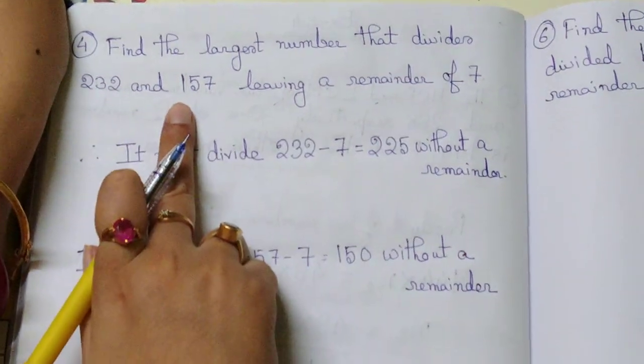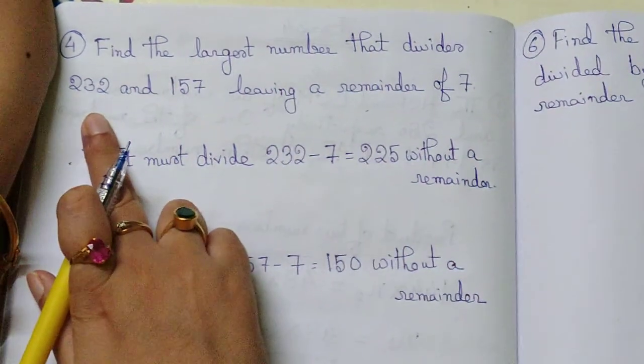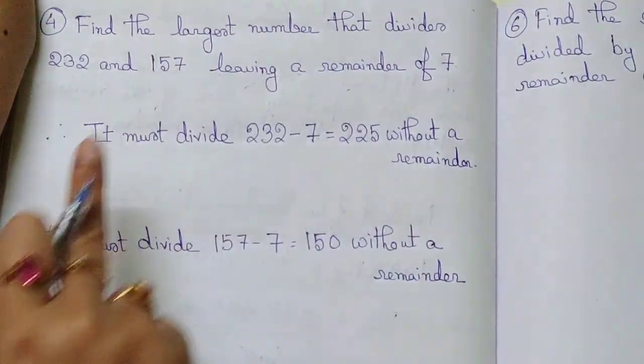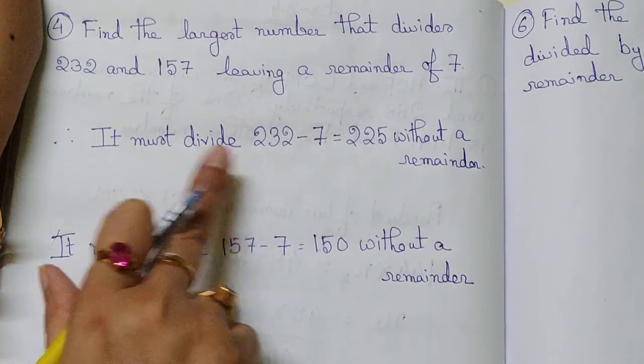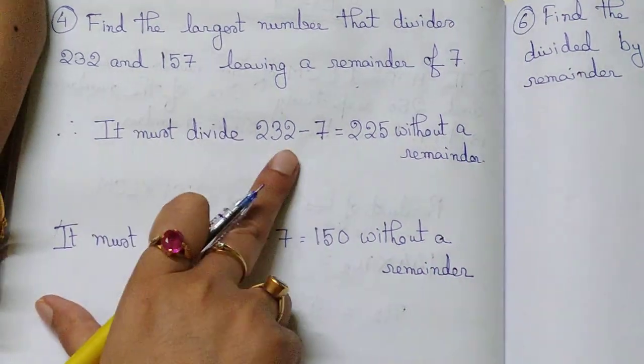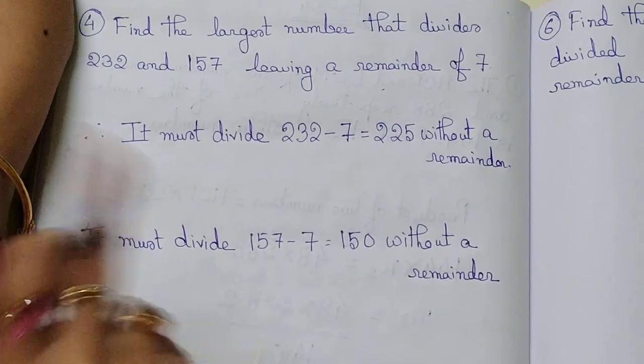Because in the question it has been mentioned, find the largest number that divides 232 and 157, leaving a remainder of 7. So first I need to find out the number which will be divisible without a remainder. So I am subtracting 7 from each of the numbers.